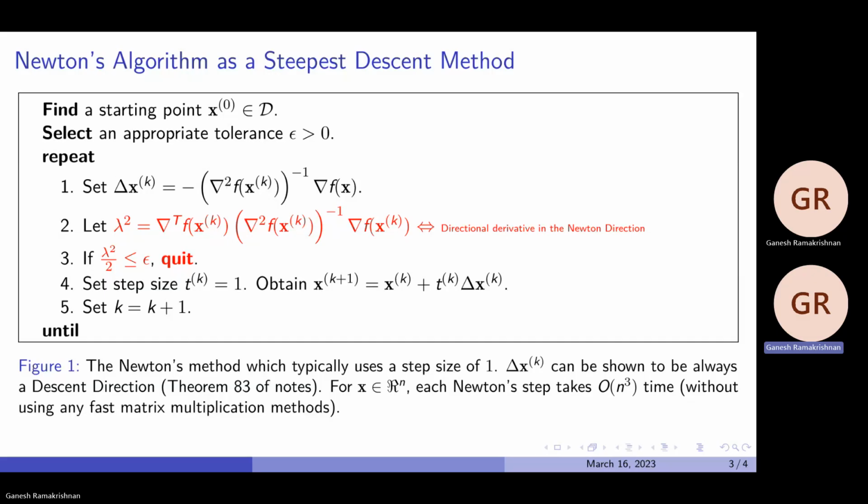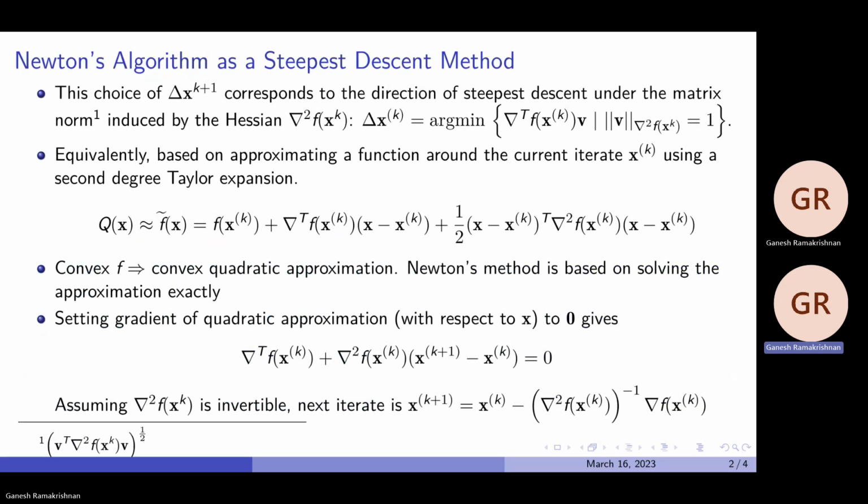Think of gradient descent as the linear one, so here we look at a quadratic version of the curve. The other is a steepest descent perspective: finding the direction in which the descent is maximum, under the assumption that this descent direction has unit norm as per the Hessian matrix. So there are these two perspectives.